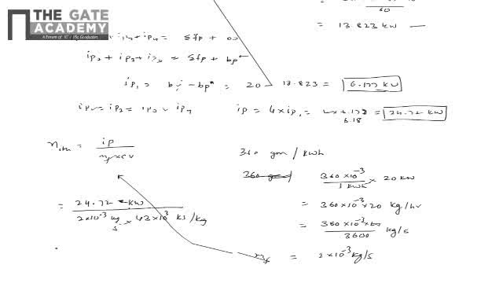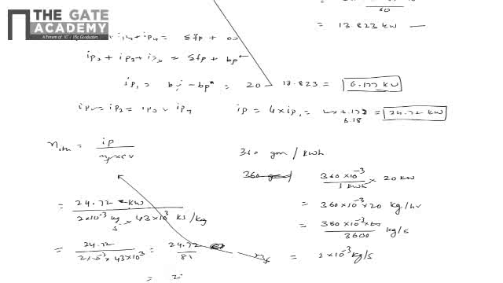The denominator then has kilojoules per second and the numerator has kilowatts, so the units cancel out. The final numerical value is 24.72 divided by 2 into 10 power minus 3 into 43 into 10 power 3, which becomes 24.72 by 86. It's just the ratio.